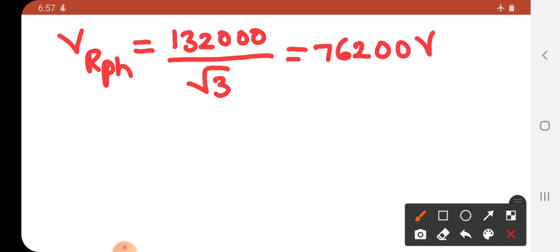I think it is 76210, like that it will come. I am keeping the error as 10, but I am taking this as 76200. You correct all values after completion of the problem.